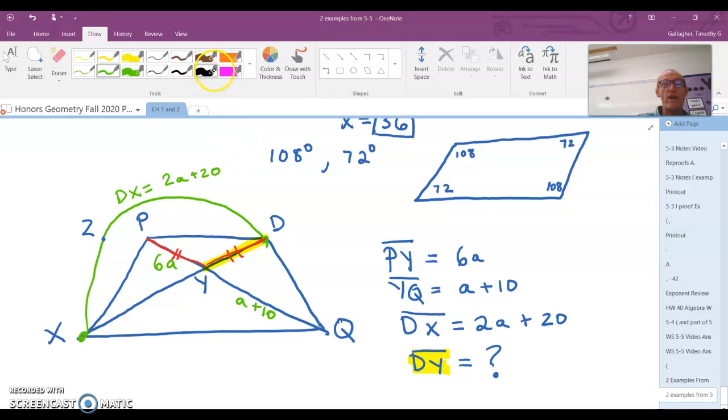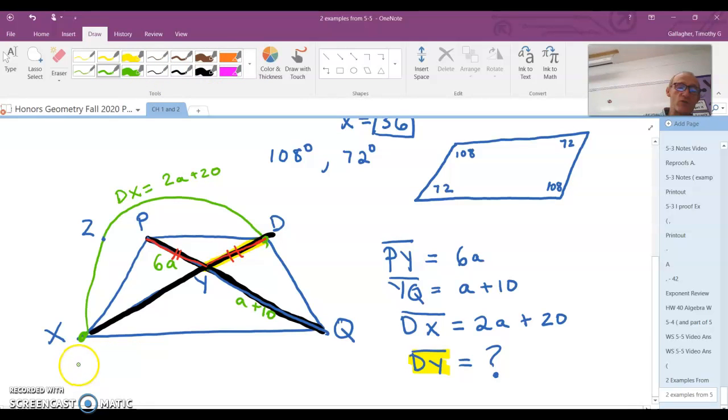So we have to know that this diagonal and this diagonal are congruent. So I'm going to get 2a plus 20, which is this diagonal, is equal to 6 plus 1 is 7a plus 10.